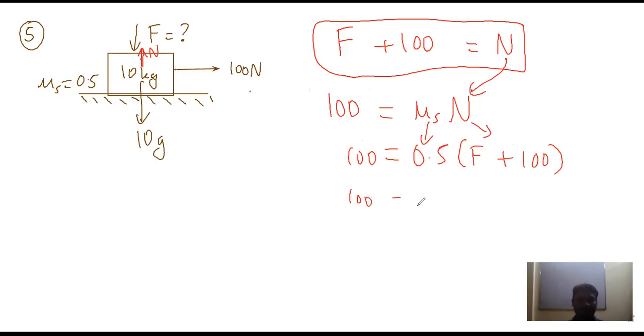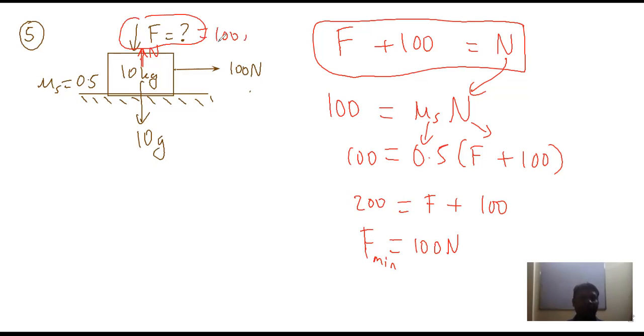So 100 is equal to 1 by 2, so we have 200 Newton on the LHS, which is equal to F plus 100. So F comes out to be 100 Newton. So the minimum force which we have to apply in downward direction is 100 Newton, so that the block does not move. I hope this question is clear to you.